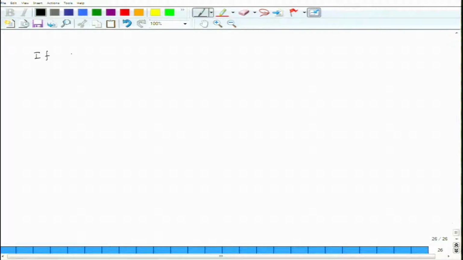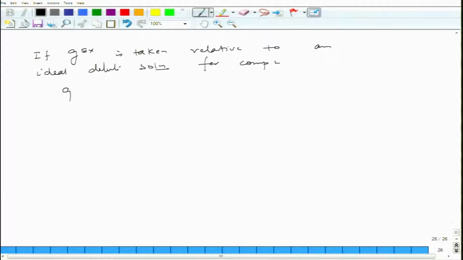If GE star is taken relative to an ideal dilute solution for component 2, then we are going to write RT x1 q1 x2 q2, and the right hand side is a little different. Any idea why this is different? Any idea why I am not considering other combinations?